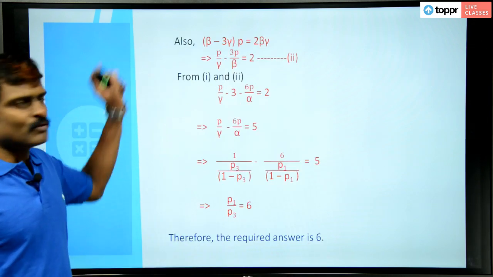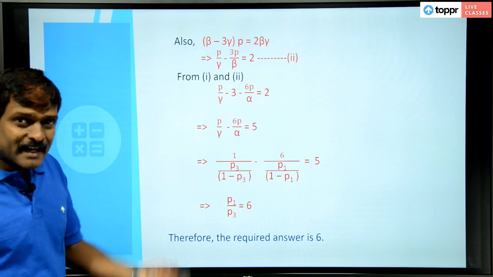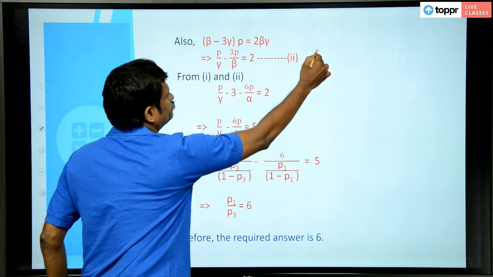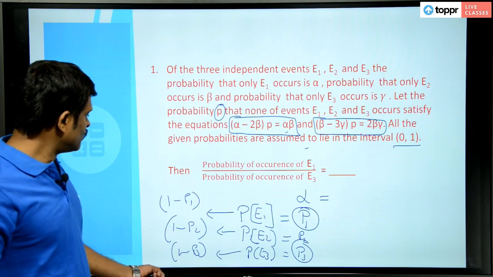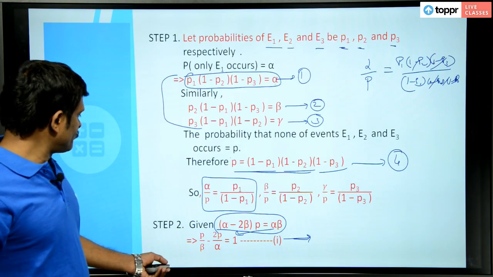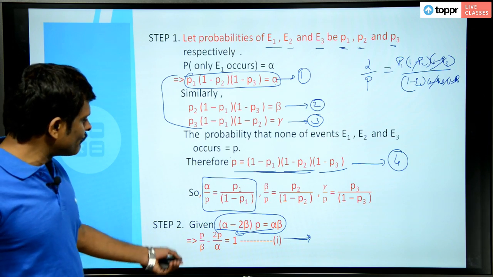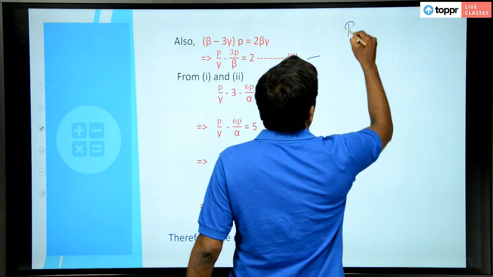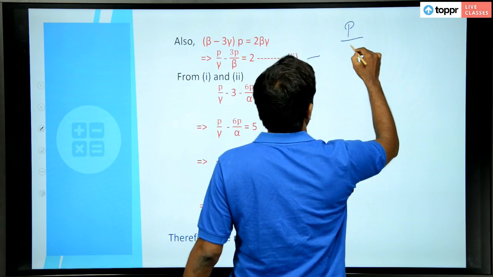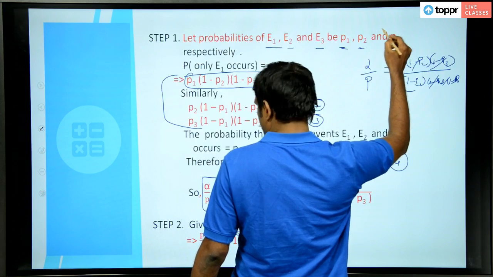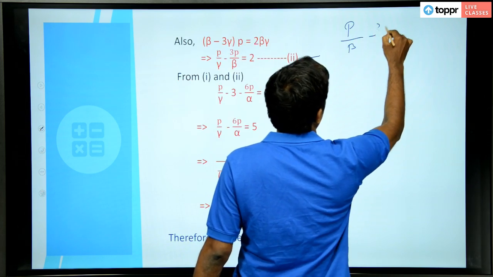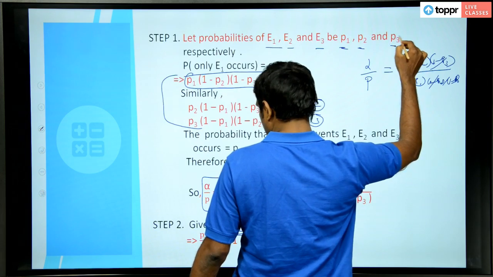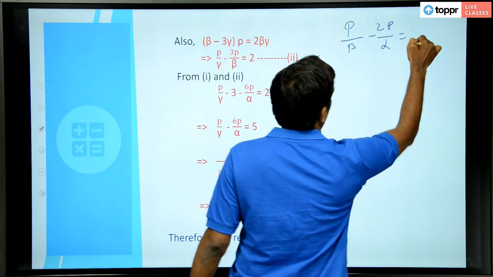Next, the other equation we will take and again we divide it by beta gamma on both the sides and we get one more equation. So, what is the previous equation? P by beta minus 2 P by alpha is equal to 1. Let us write that here. P by beta minus 2 P by gamma, 2 P by alpha is equal to 1.